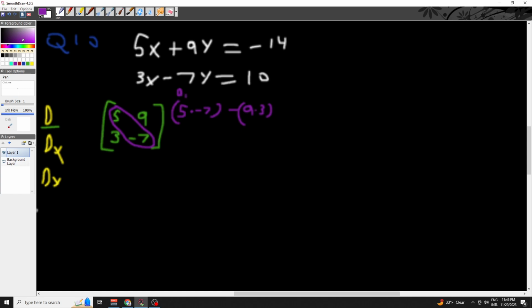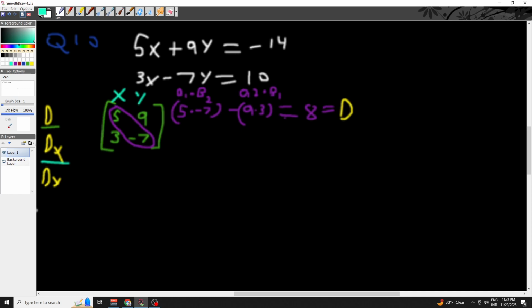So that's essentially this. You'll take the A1 times B2 and subtract that from A2 times B1, and that's D. Once you multiply this together, I believe you just get 8, which is equal to the determinant, or D. Now to get Dx, I should clarify that this is the x and this is the y.